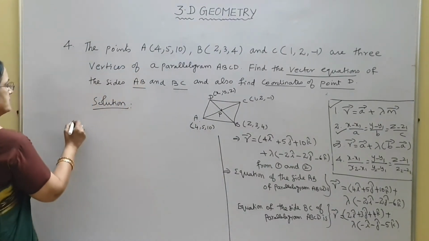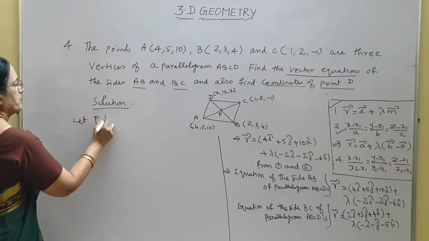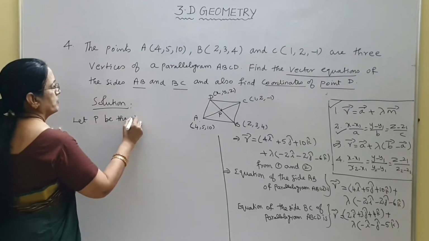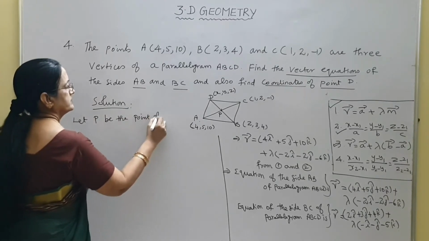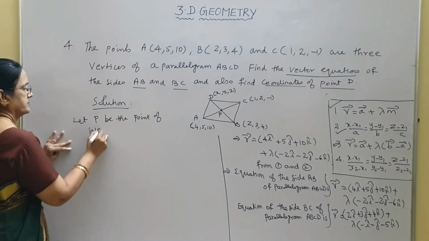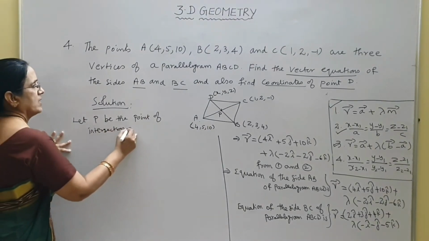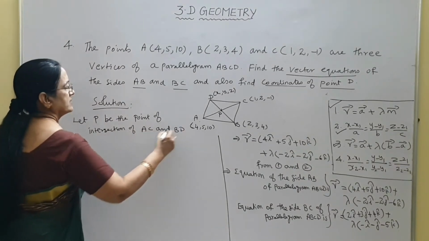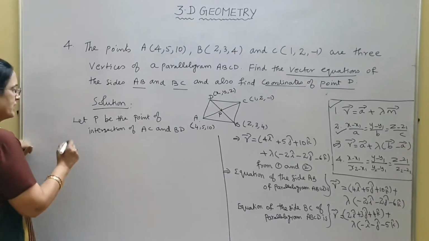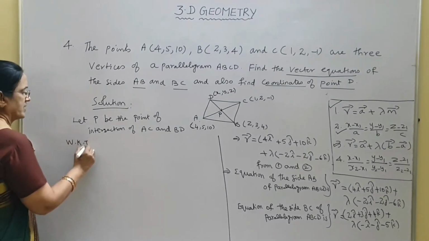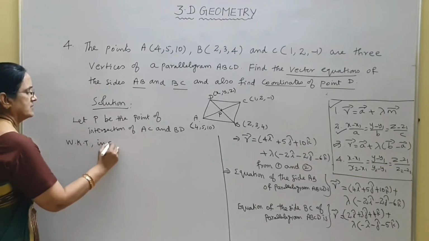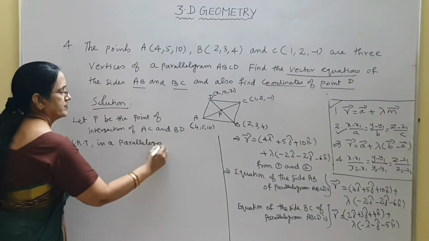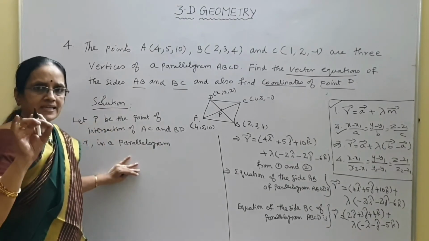Okay. So, let P be the point of intersection of AC and BD. We know that in a parallelogram, the diagonals bisect each other.